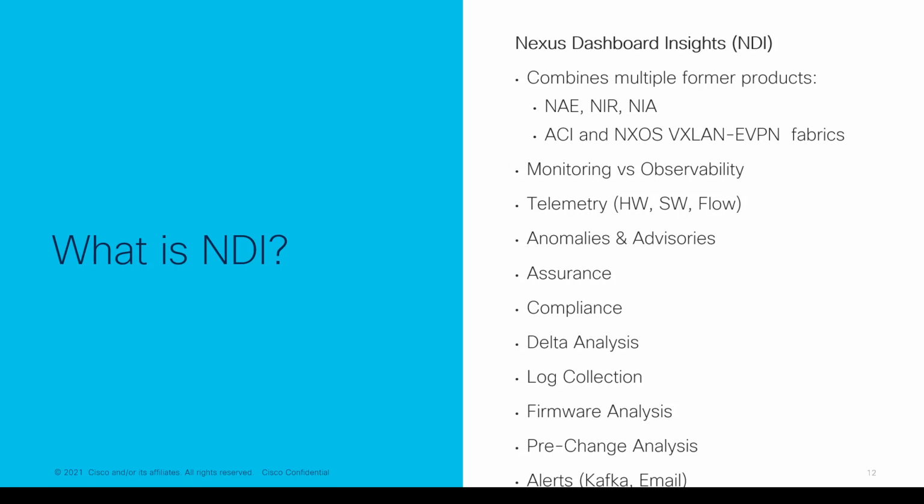All right, so NDI also handles compliance. Compliance helps administrators establish business policies or rules that the network must adhere to. So for example, when you're working on an ACI network, a VRF has a setting called enforced or unenforced.